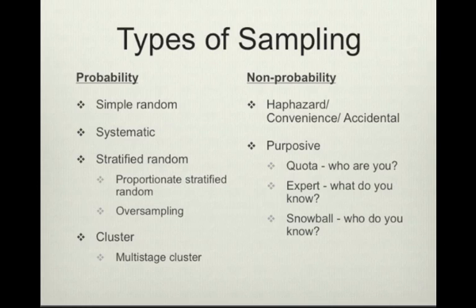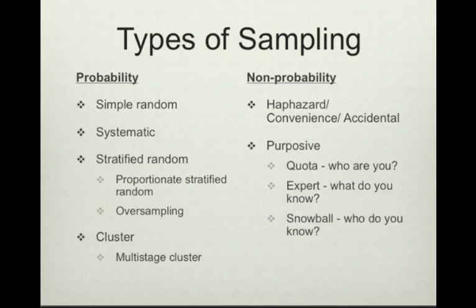Our last type of probability sampling that I want to talk about is cluster and multistage cluster sampling. Cluster sampling is where you randomly sample groups from a population instead of people from a population.